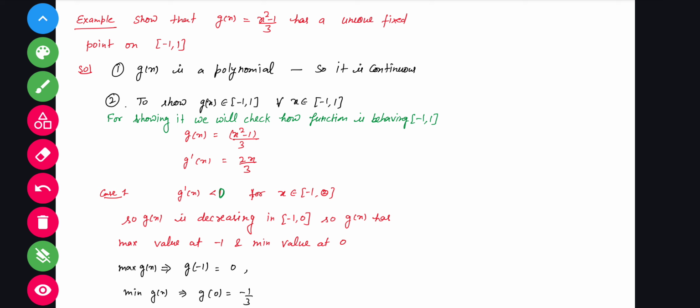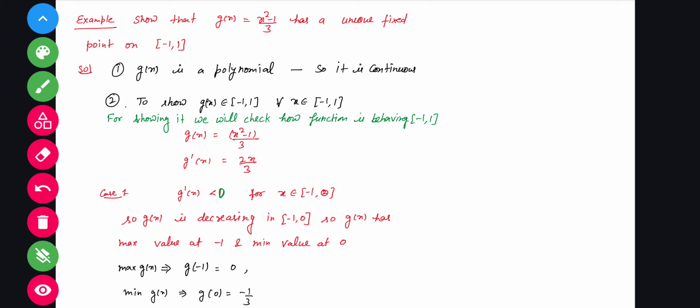The first derivative is less than 0 on 0 to 1, which means it is a decreasing function there, so the lower value of x has the highest functional value. In the interval of minus 1 to 0 it is increasing, so minus 1 has the lowest value and 0 has the highest value.